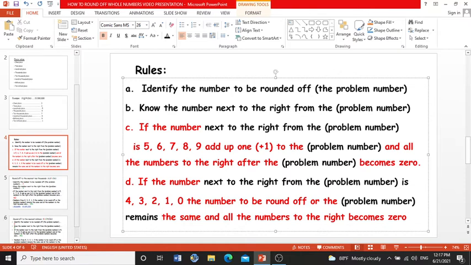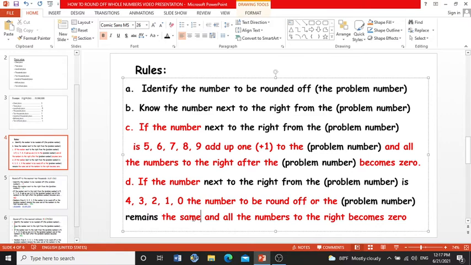Again, if the number next to the right from the problem number is 4, 3, 2, 1, 0, the number to be rounded off, or the problem number, remains the same.